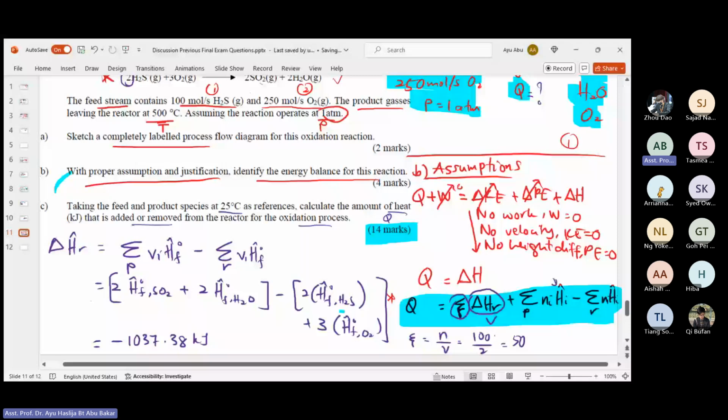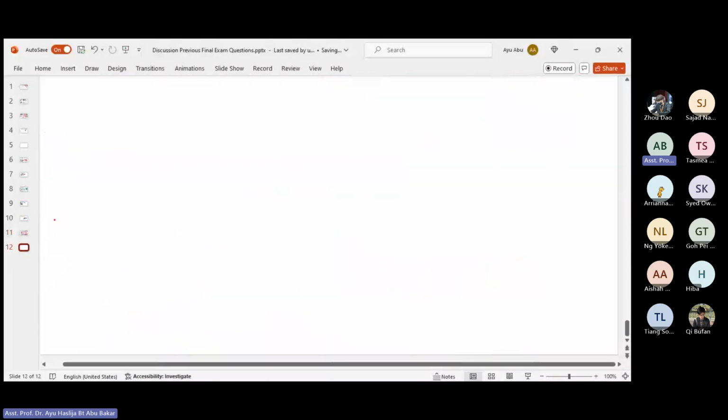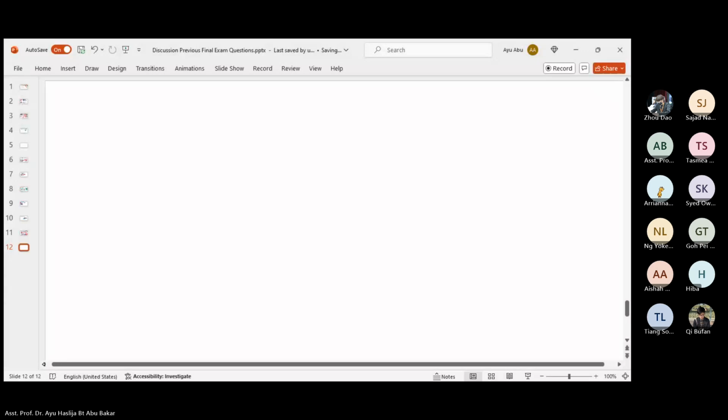Now to find this part, you need to construct the enthalpy table. Okay, so we construct the enthalpy table.